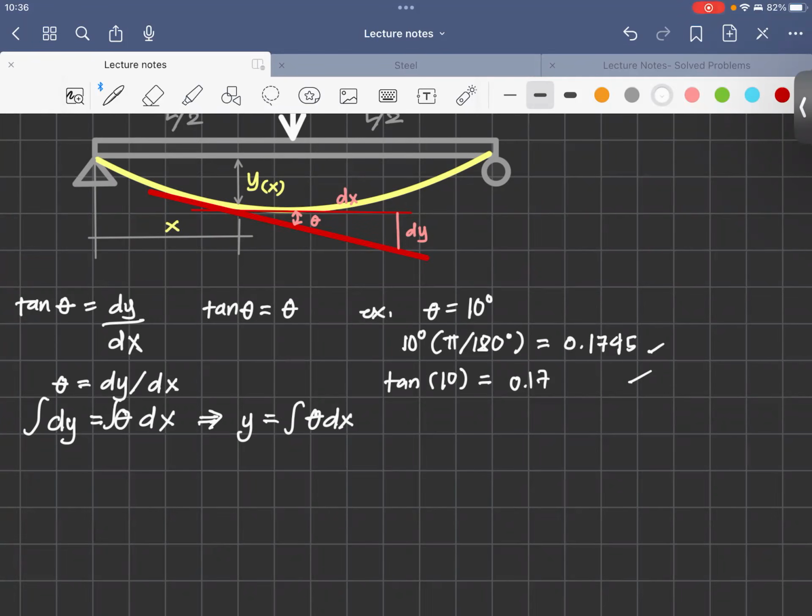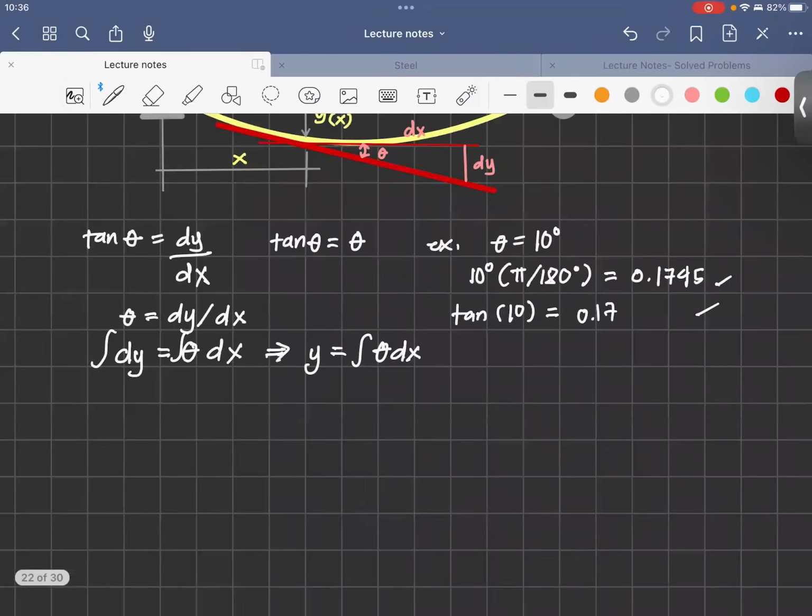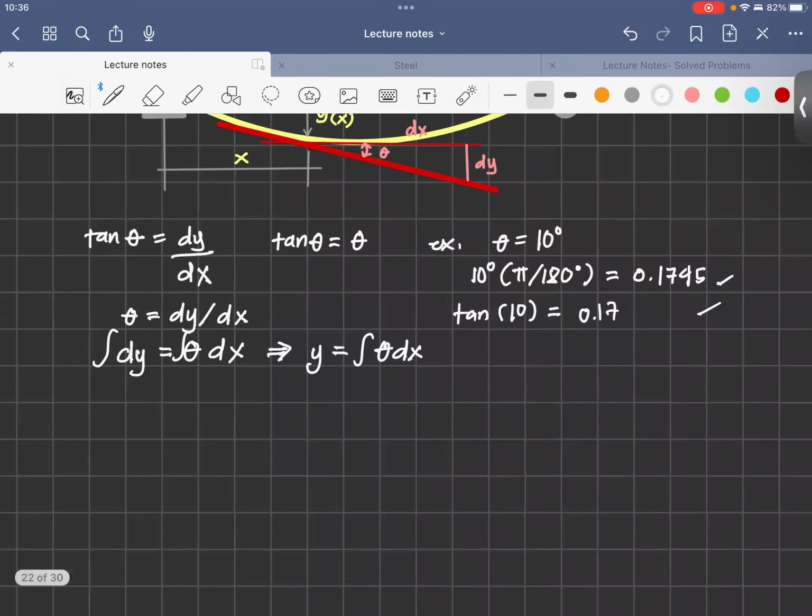To have another equation, we need to relate theta, the slope, to the bending moment.